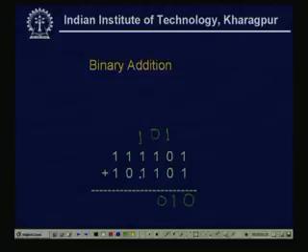Now we see this value. Actually this is 1 plus 1, and for this I am getting 1 plus 1 plus 1. So here 1 plus 1 means sum is 0 and carry 1, and again this will be added with this.